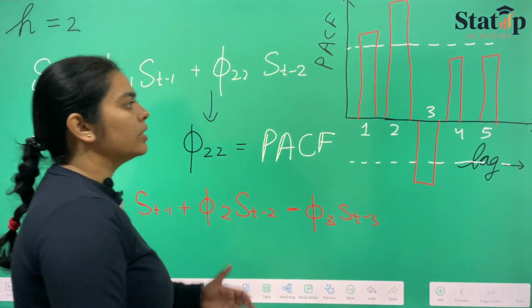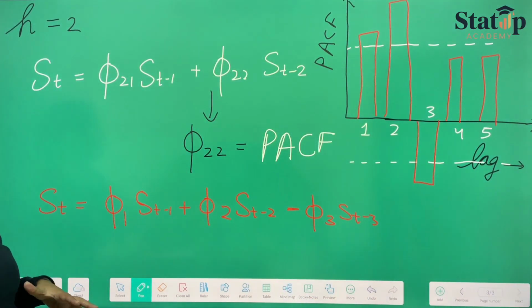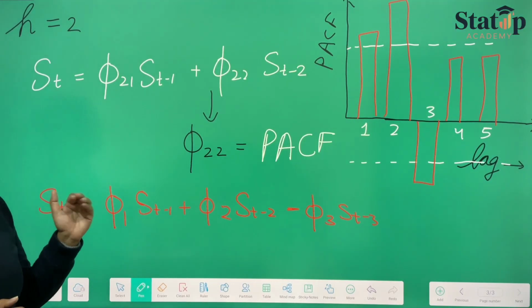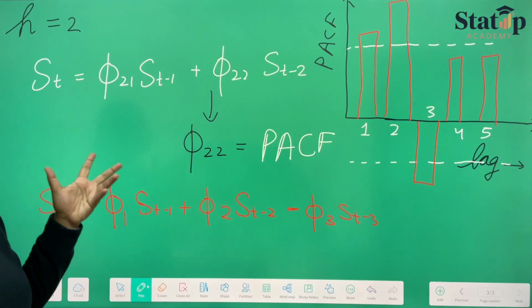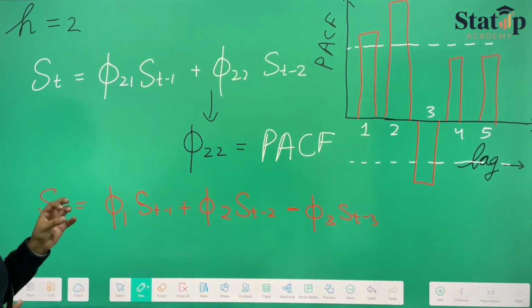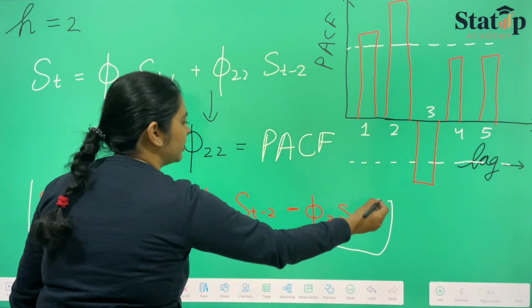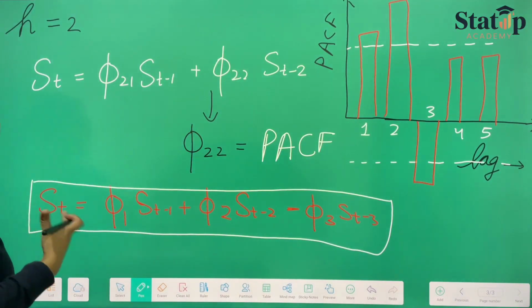That's it. Because the lags at 4 and 5 do not affect the PACF, or do not cross the boundaries. So we'll not take these two values and we'll consider only these three values. And PACF can also be negative. It can have a negative effect.